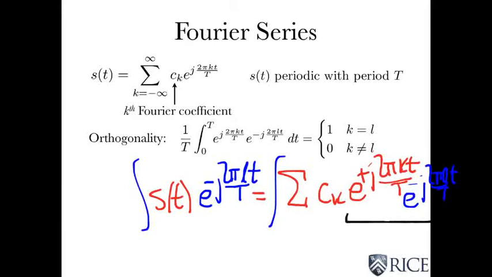The only time you get anything is when k equals L. So all the terms in this sum disappear except for the Lth, whatever L is.